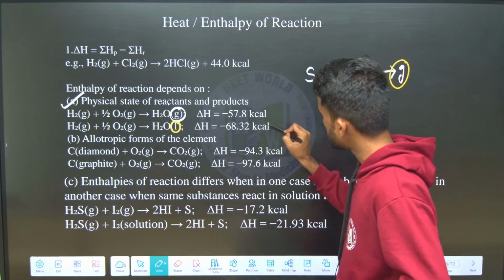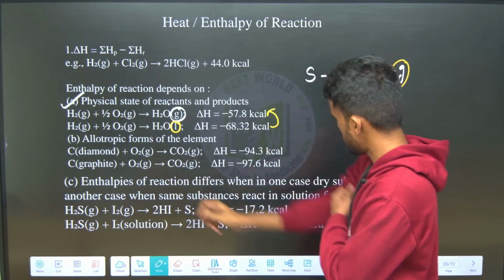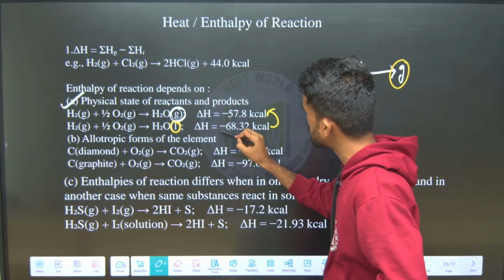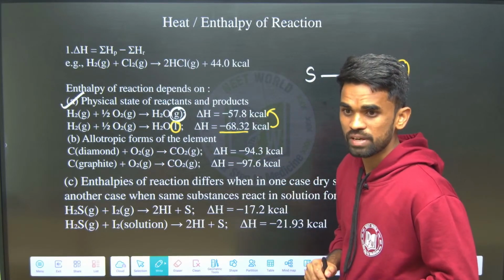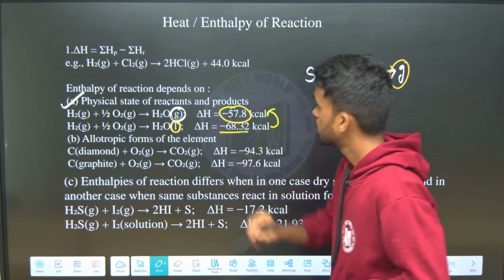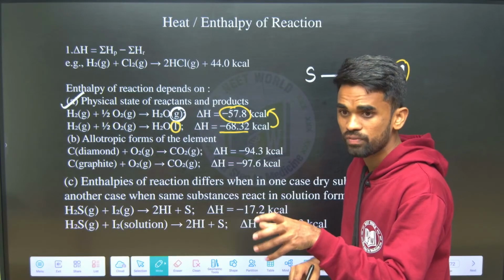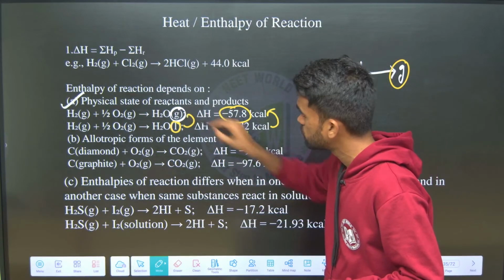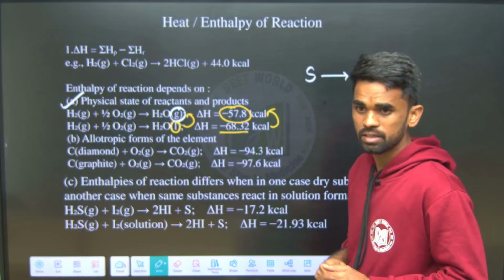When it is in liquid state, it is releasing 68.32 kilocalories of energy, but in gaseous state it is releasing only around 10 kilocalories less, because energy is utilized for conversion of liquid to gas. It means physical states are affecting it.